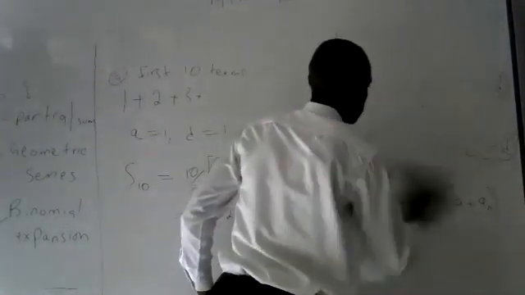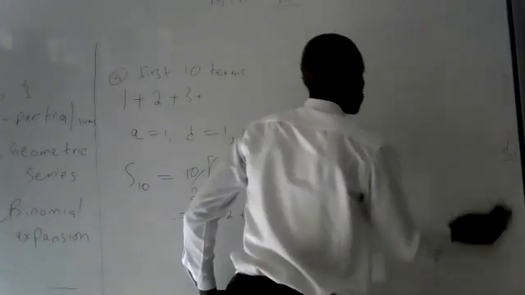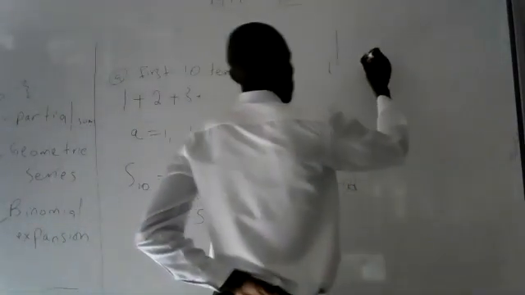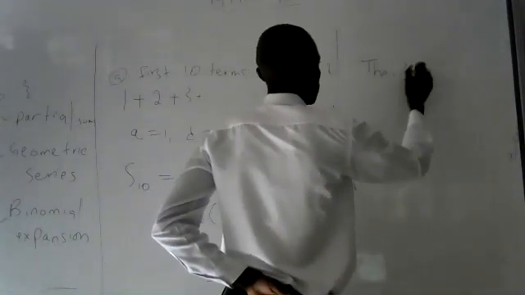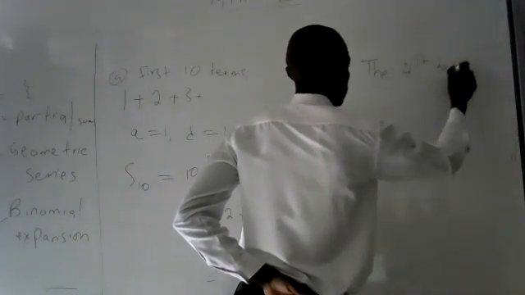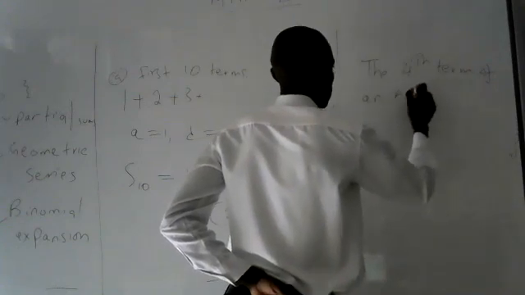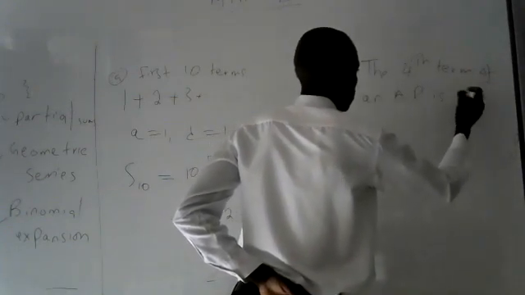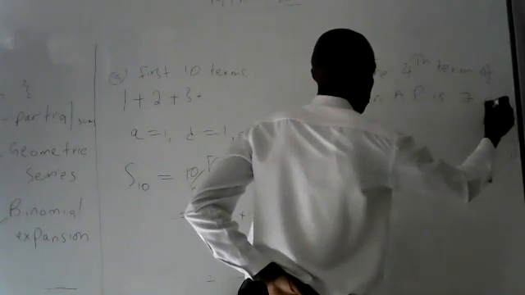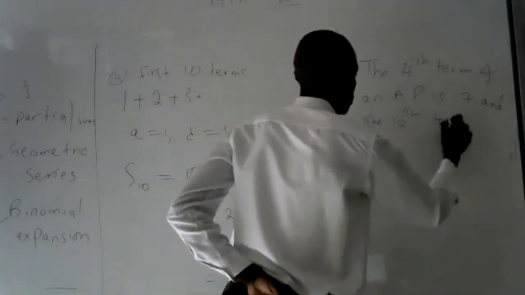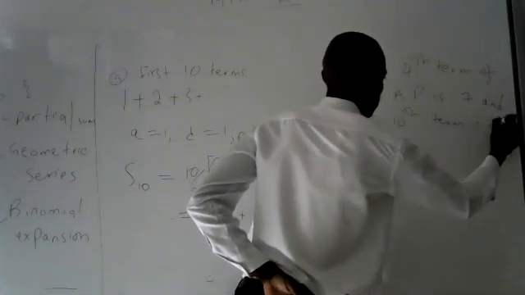Let me give you another example. I want to use the example that we did last time. So suppose you are told the fourth term of an arithmetic progression is 7, and the 10th term is 29.